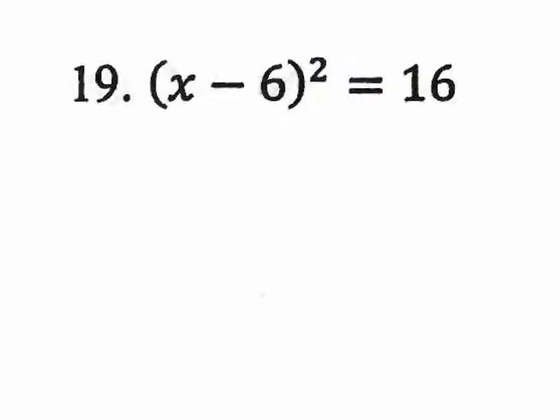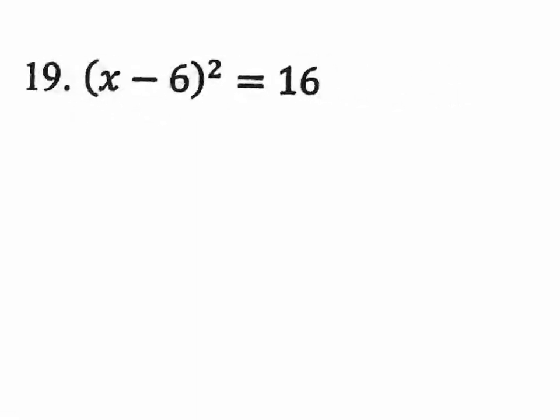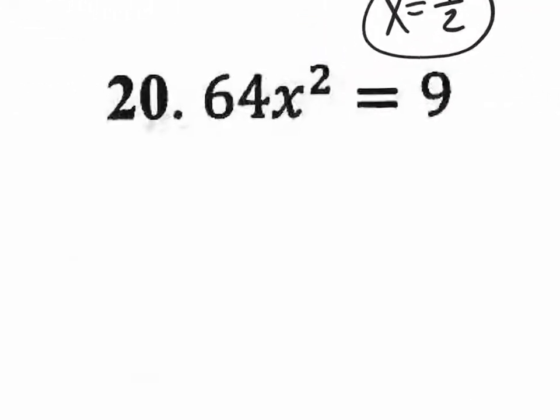Now, number 19, we did not require you to factor, but we did require you to know how to use a square root, right? Whenever there's one x, let's get that x by itself. And how do we get rid of things? By doing the opposite. And the opposite of a square is a square root. But if we compare 19 to number 20, that also only has one x, which means we also get the x by itself.